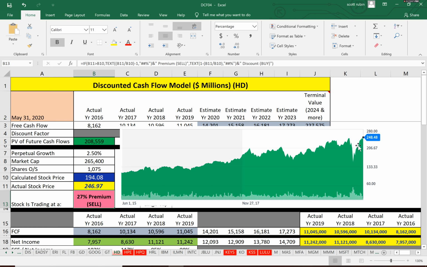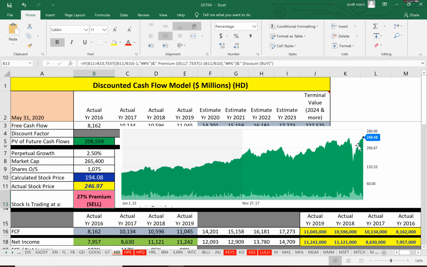If people think the business will do really well the next few years, more people will want to buy the stock and the price gets bid up. And if more people feel the stock is going to be struggling next year, Home Depot will have poor sales, or they feel there's more competition, whatever the reason may be, if more people are looking to sell the stock, the price gets pushed down.